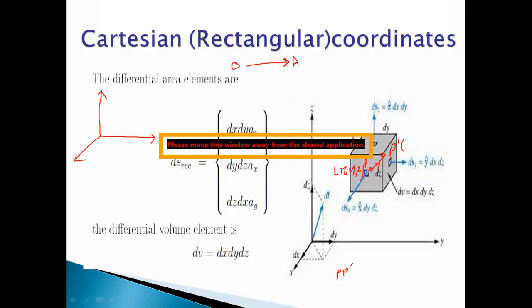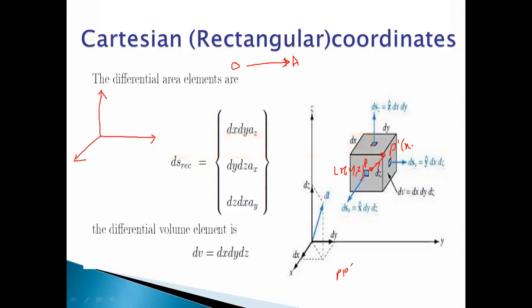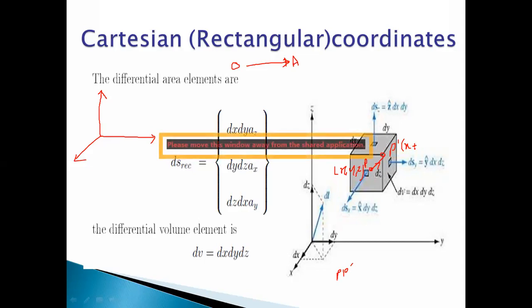Similarly, when we are going from point P to point P dash, its length is also increased. So the coordinates of point P dash are x plus dx. Means we are considering that there is a small change in the length. In x direction, it is increased by dx. Therefore, the total length in x direction is x plus dx.